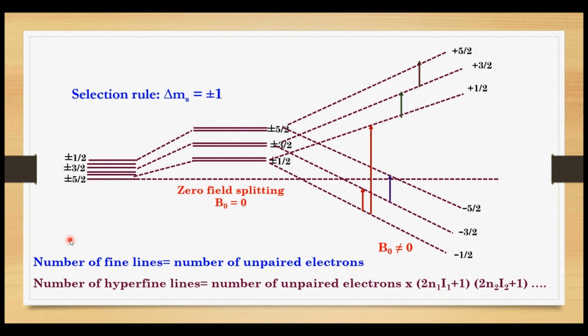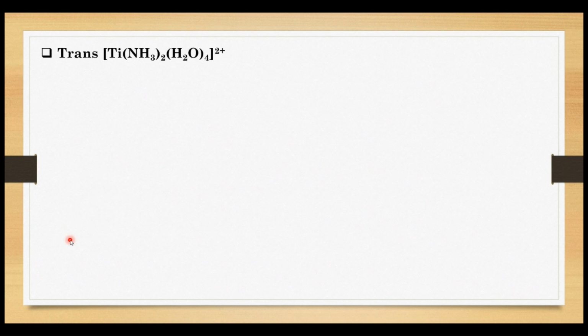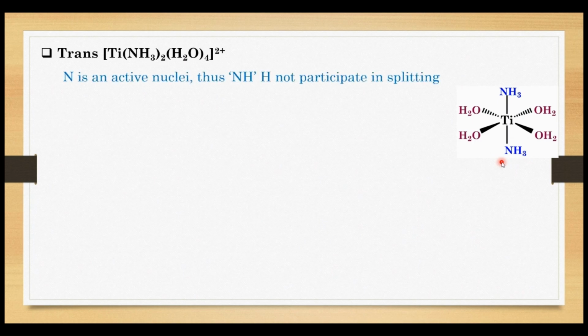Now we can consider one example, that is trans [Ti(NH3)2(H2O)4]2+. Here the compound is trans, so 2 NH3 will be in the axial position and H2O will be in the equatorial position. The hydrogens in H2O are in the same environment, so they will give the same signal.